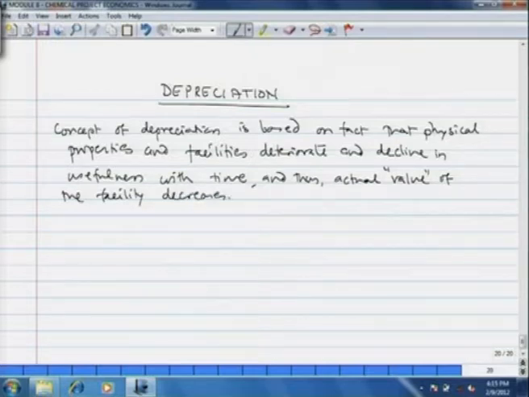What are the types of depreciation? The first one is physical depreciation. This is a reduction in value due to changes in the physical aspects of the property.